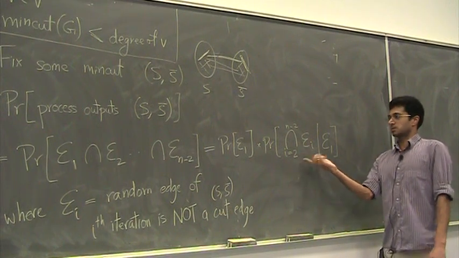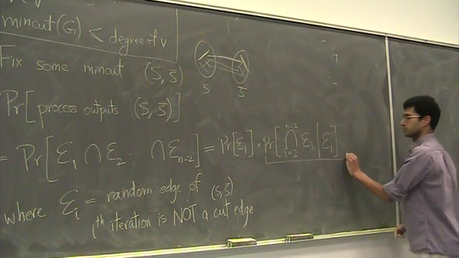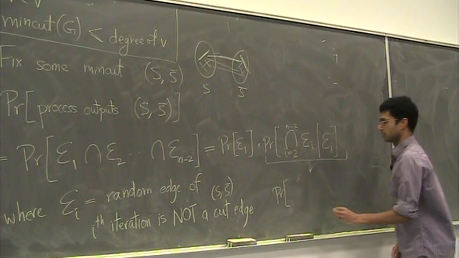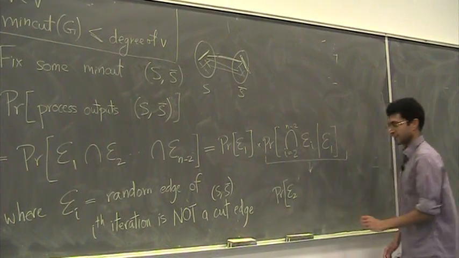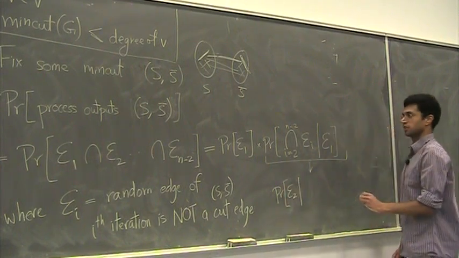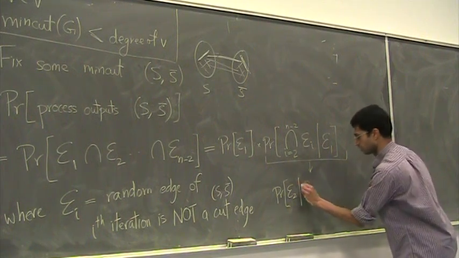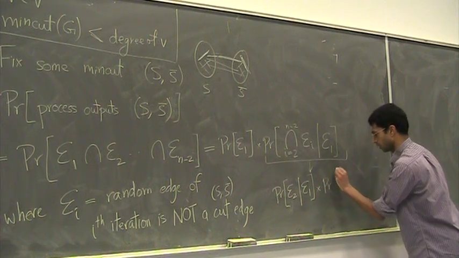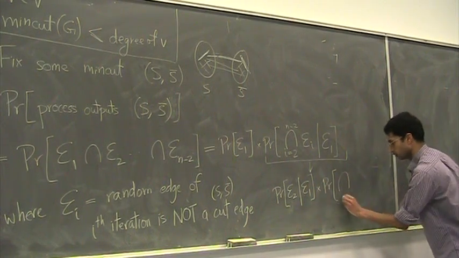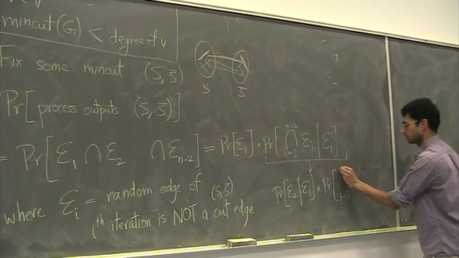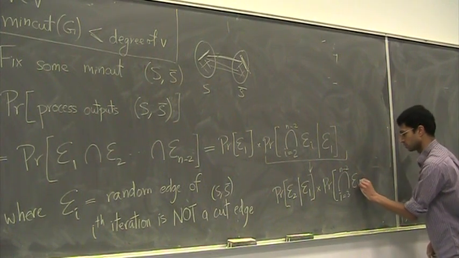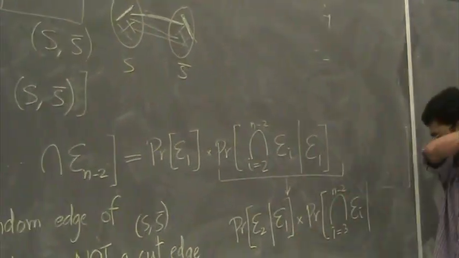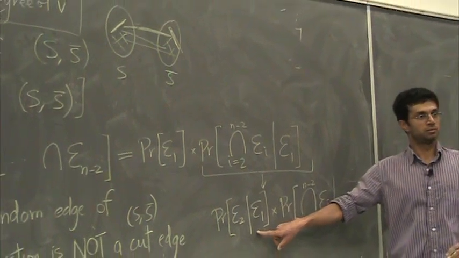Well, this can be written as the probability of the second event conditioned on the first event times the probability of whatever remains, 1, 3, to n minus 2, conditioned on both the second event and the first event.